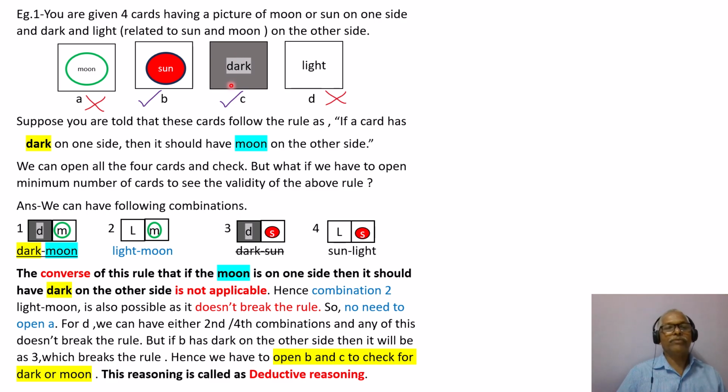We have to open it to check whether there is moon on that side or not. So hence we have to open B and C to check for the dark or moon and the validity of the rule. This reasoning is called deductive reasoning.